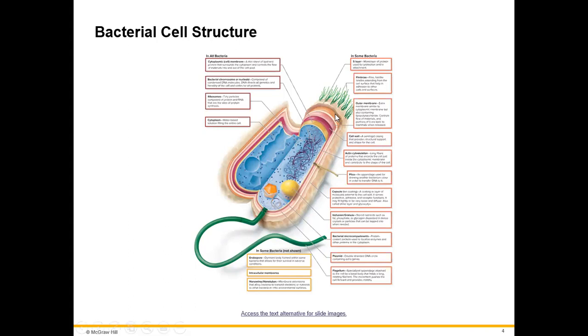They have an S layer, which is made up of protein. So these are other protective coatings. They can have a capsule, which is usually made of sugars, that provides them additional protection. This can protect them against phagocytosis and is therefore a virulence factor.